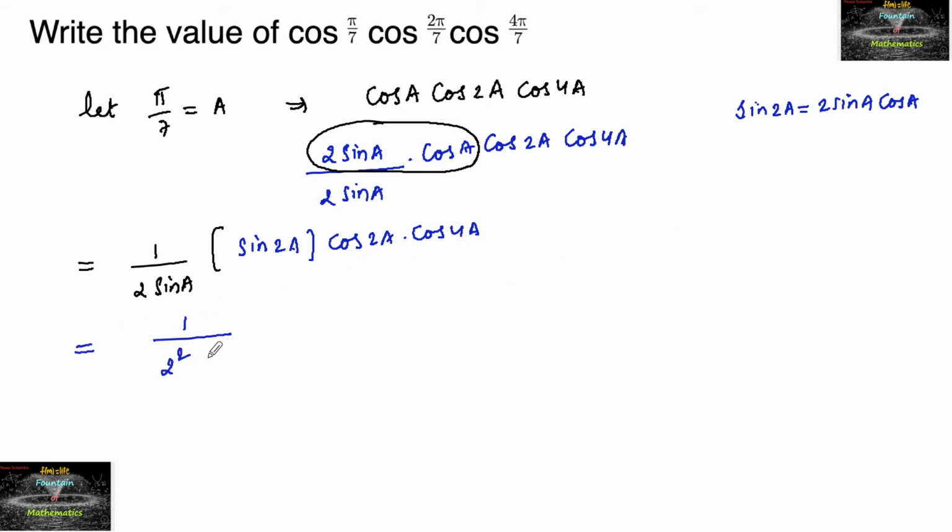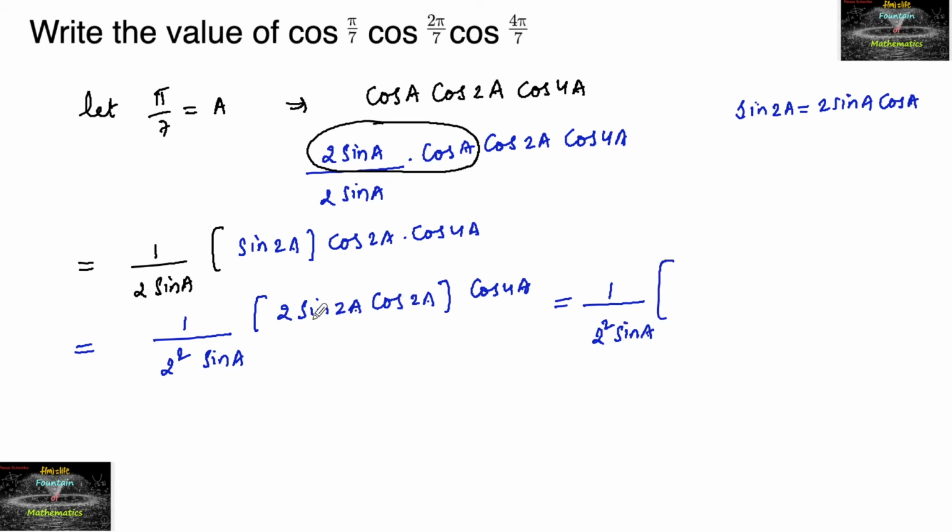So 1 by 2 square sin a, we shall have 2 sin 2a cos 2a into cos 4a. So which equals 1 upon 2 square sin a into, 2 sin 2a cos 2a is nothing but sin 2 times 2a, that is sin 4a, and again cos 4a.